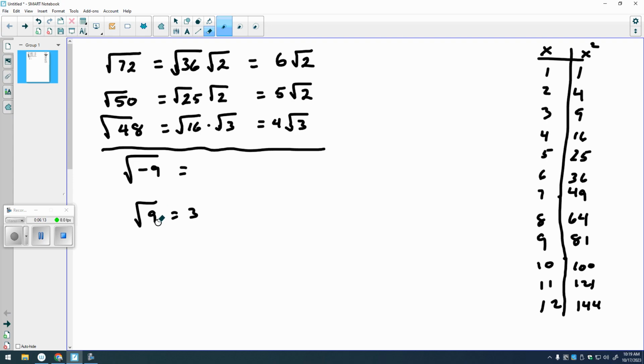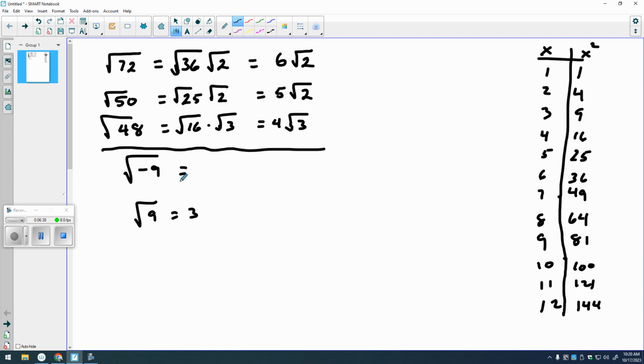If we ask ourselves the question, what number times itself gives me a negative? Answer, nothing. Because a negative times a negative is a positive, and a positive times a positive is a positive. So this does not have an answer. So the one answer would be this has no real solution.